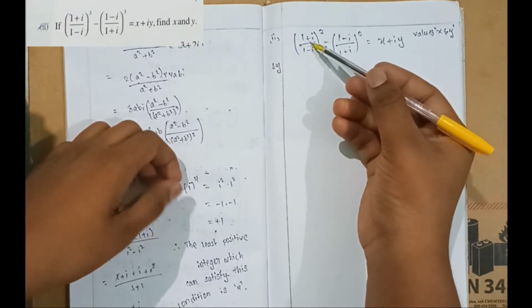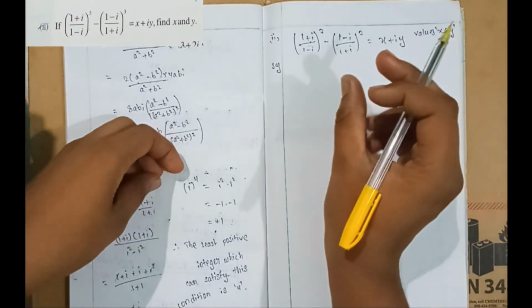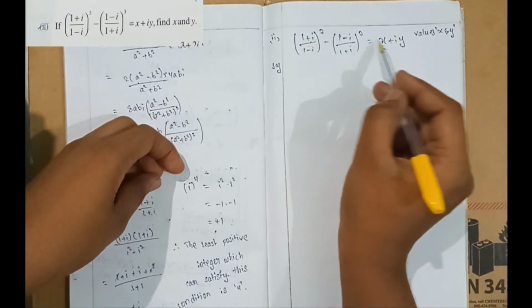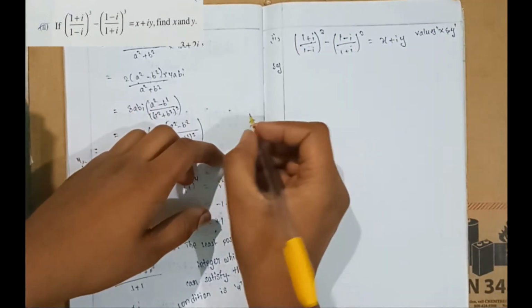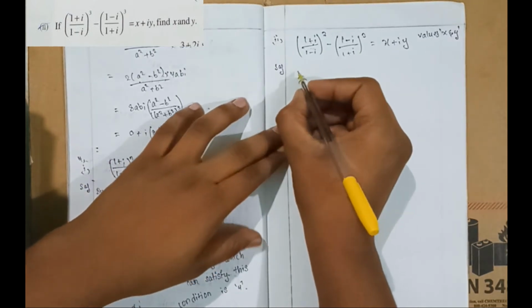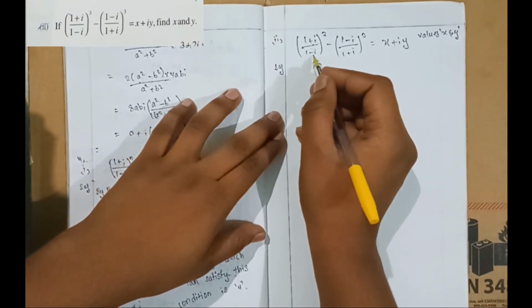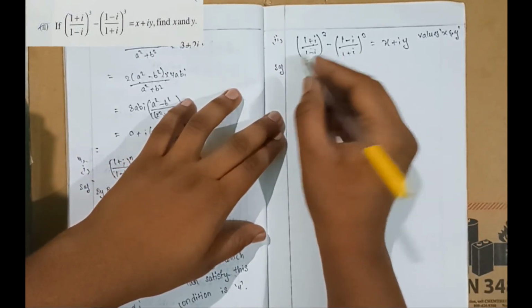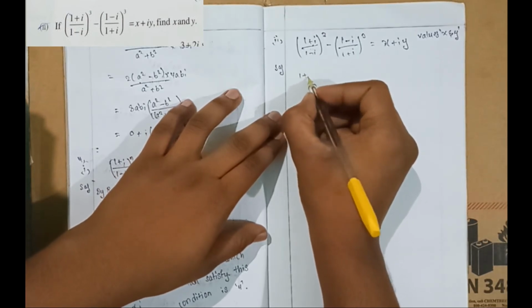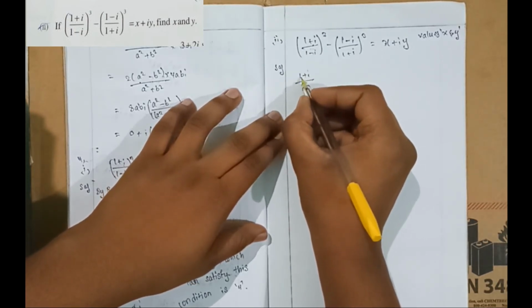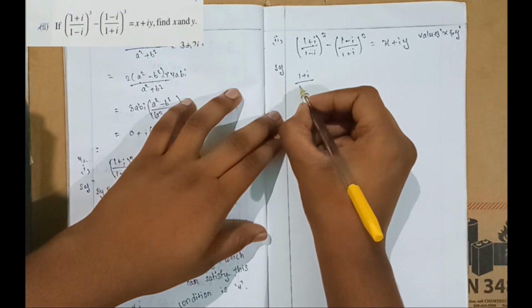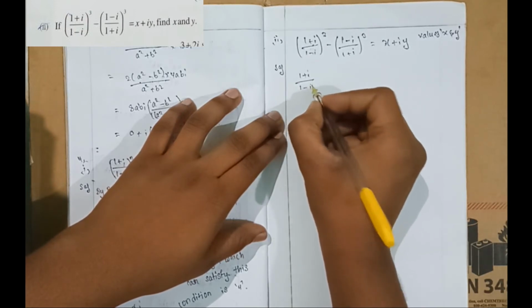Afterwards we will get the rationalized value, then we will do the cube of that value, then we can find the answer very easily. So first we have to do the rationalizing denominator of the first term: 1 plus i by 1 minus i.